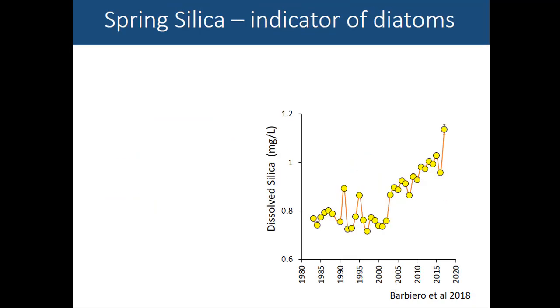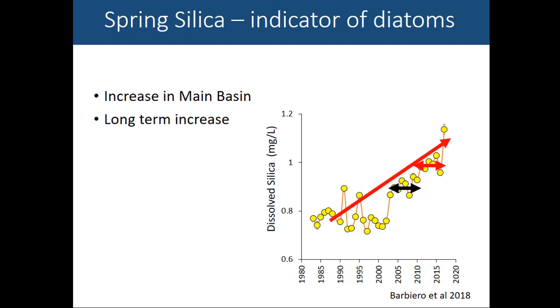All right, silica. Silica is interesting because silica is what's taken up by diatoms. So if silica is increasing, that suggests that we have less spring diatom blooms. So here we see an increase in the main basin. Now I put that red because that suggests lower productivity in the lake.